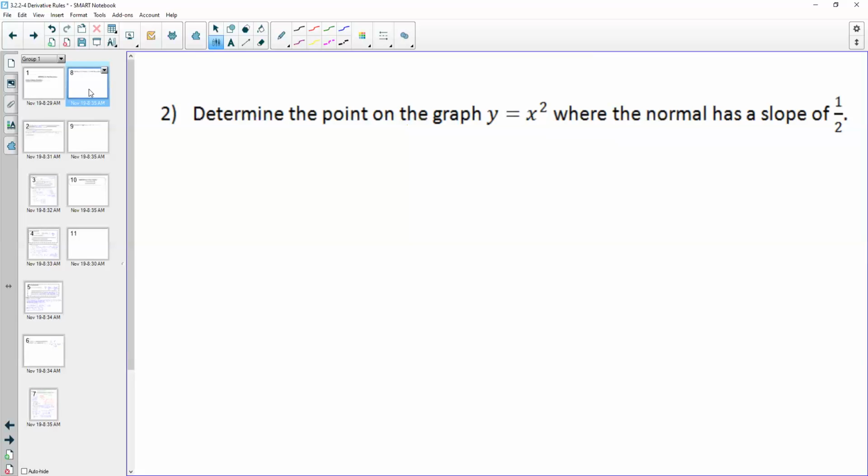So if the slope of the normal is 1/2, therefore the slope of the tangent is equal to -2.